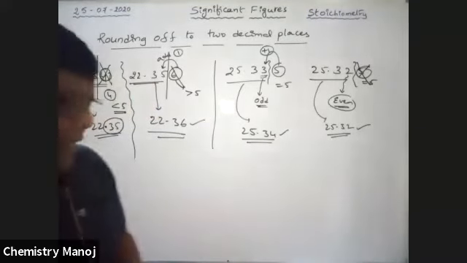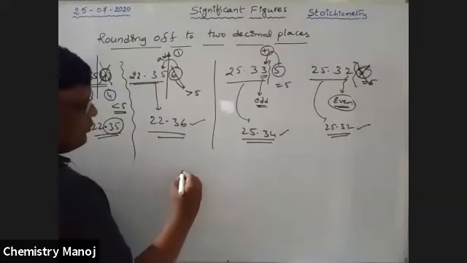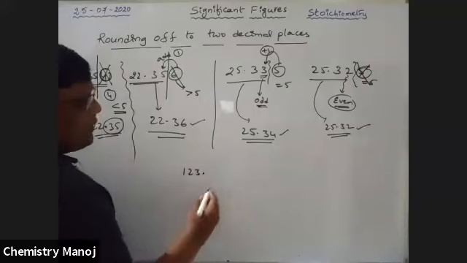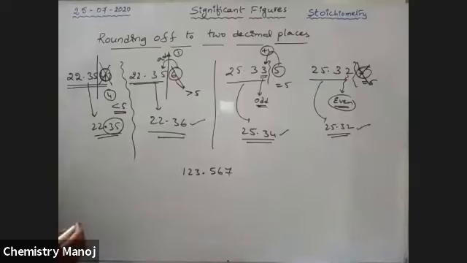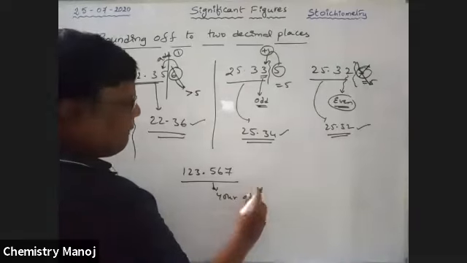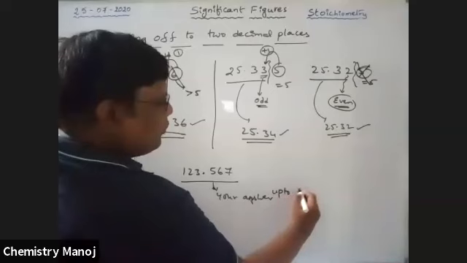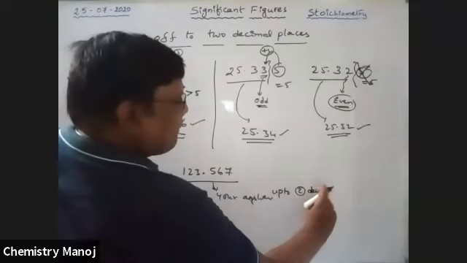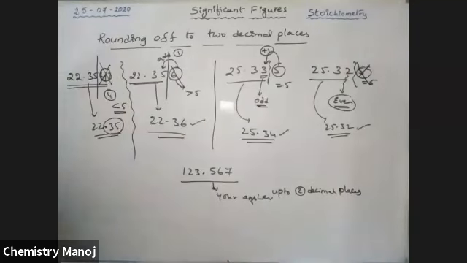Okay. So see here, please tell me the answers for my questions. 123.567. Now I am asking you to give your answer up to 2 decimal places.